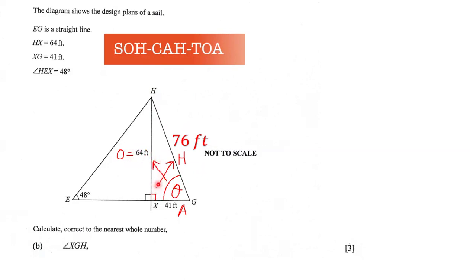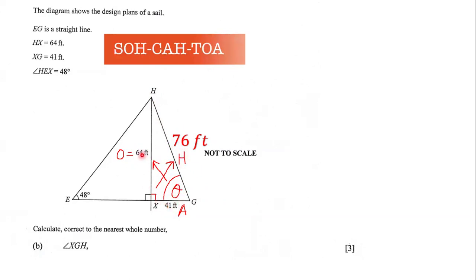The side that is opposite the right angle is the hypotenuse, which is the longer side, which we just saw. And 41 is the adjacent side. Our goal is to determine the size of angle G.